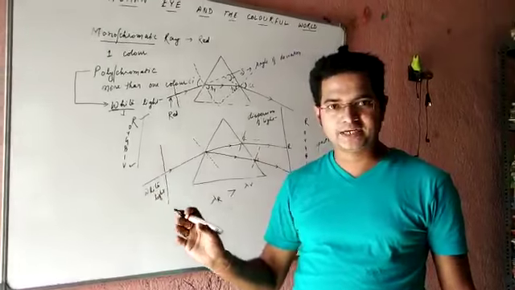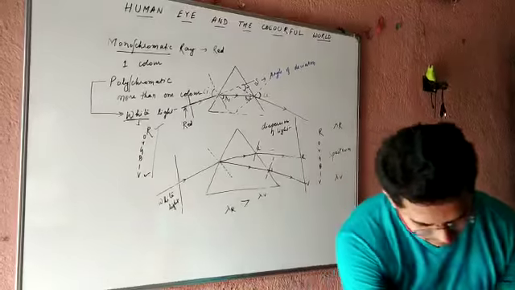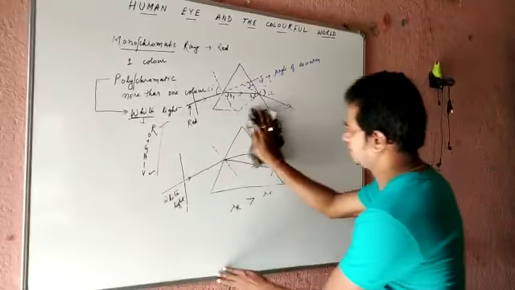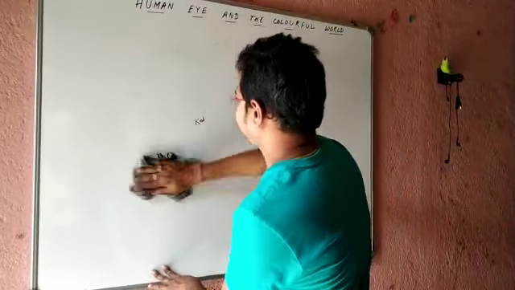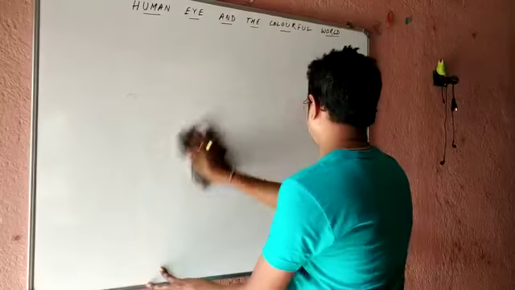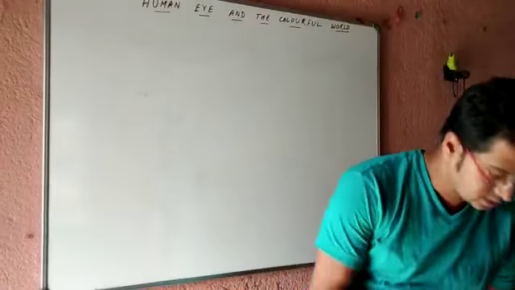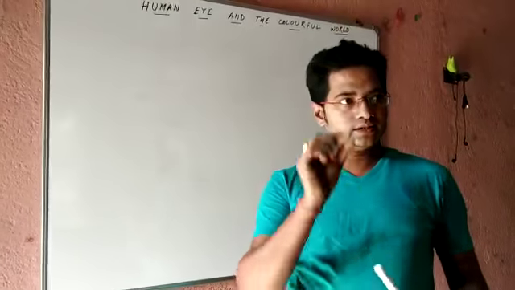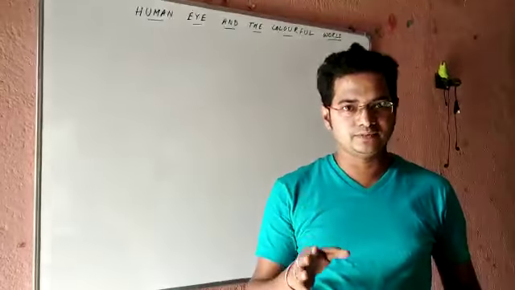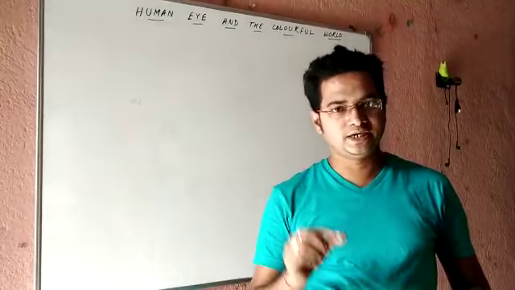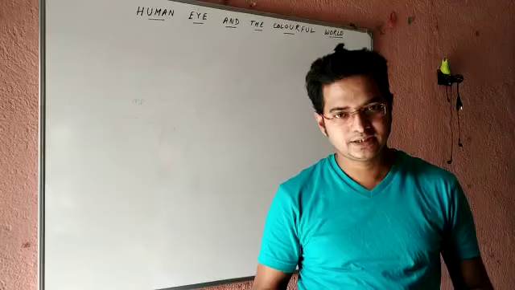Now the next topic that you need to understand is scattering. Suppose that from any ventilator or somewhere you can see the rays of light enter your room. In that ray you can see many dancing dust particles.